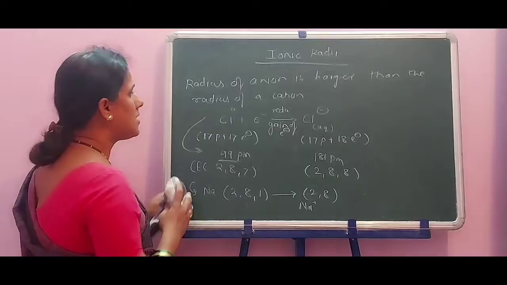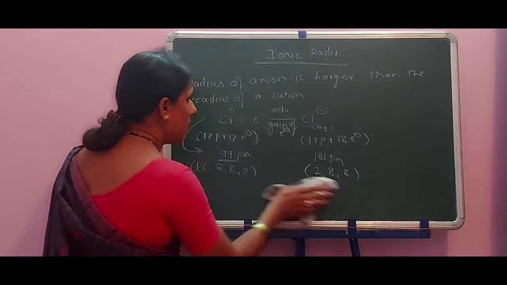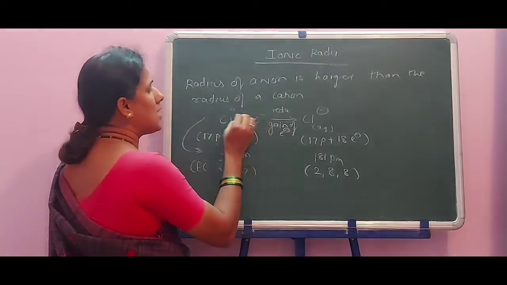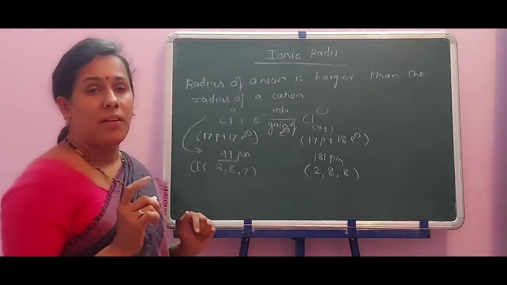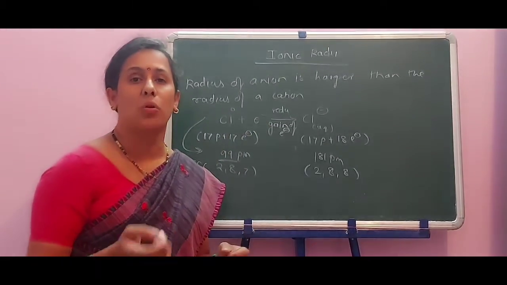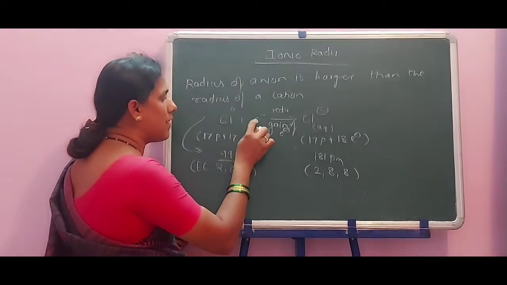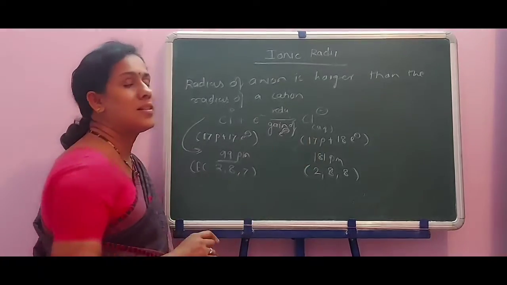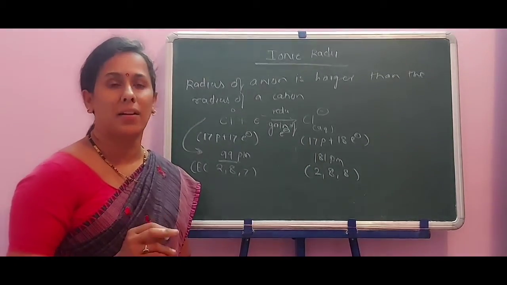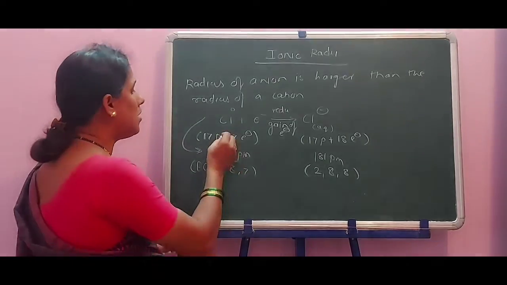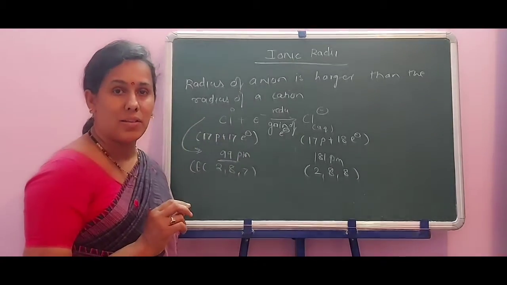The reason behind this is that as the electron is added, the effective nuclear charge is going to decrease. Why? Because due to the addition of an electron, there is an increase in the quantity of electrons and less nuclear charge acts upon them. Therefore, the nuclear charge decreases.